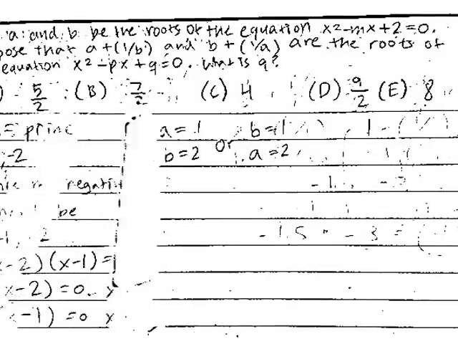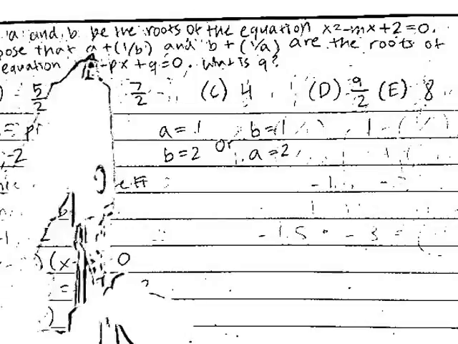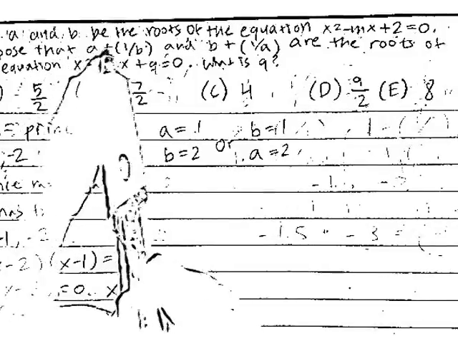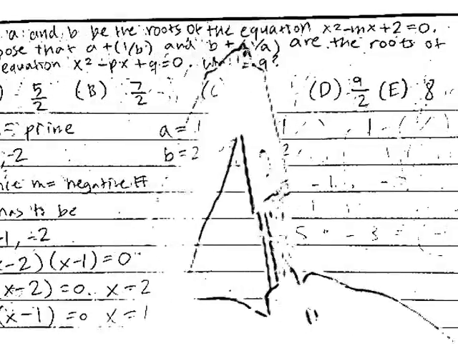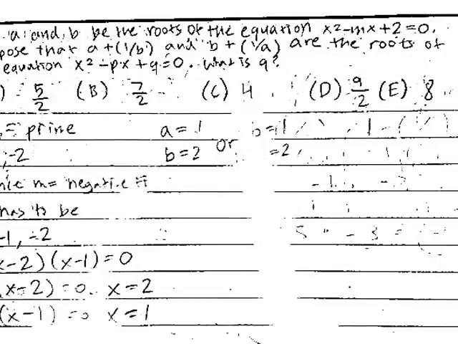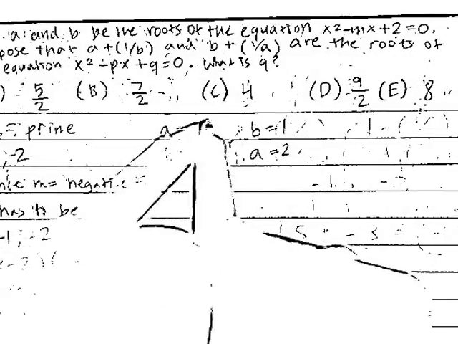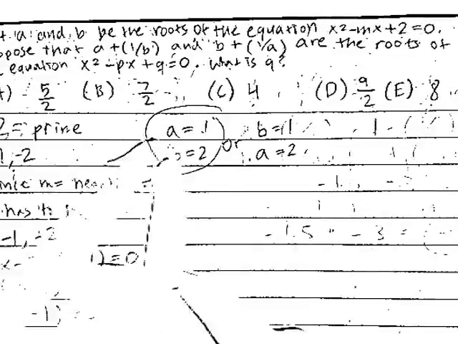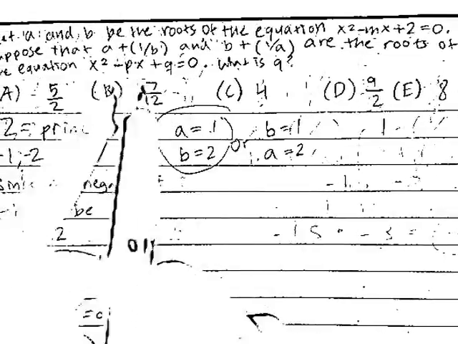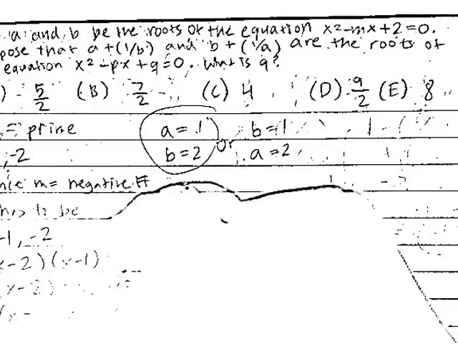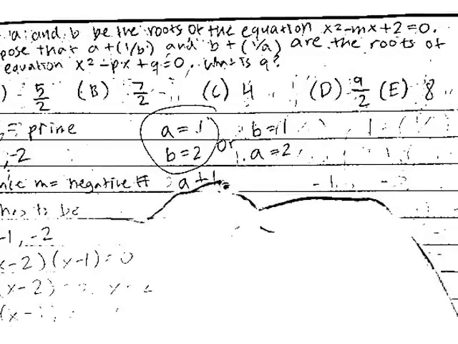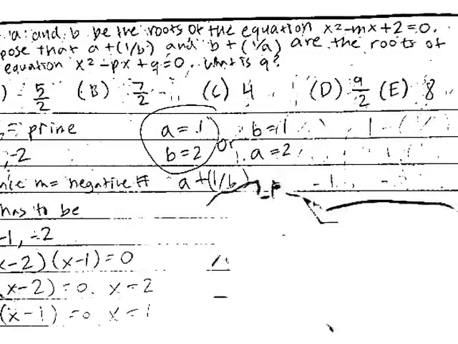Now that you know that, let's go back to this. Suppose that a plus 1 over b and b plus 1 over a are the roots of the equation. I'm going to plug this in to this. So I know that the first one is a plus 1 over b.